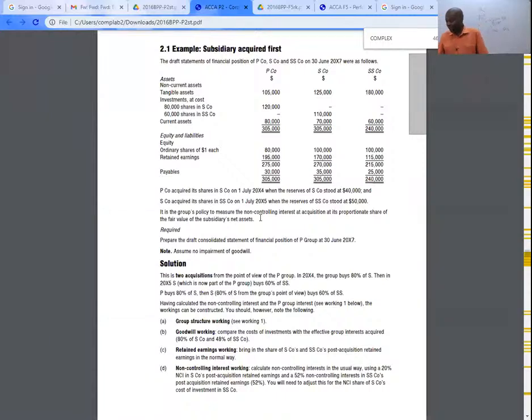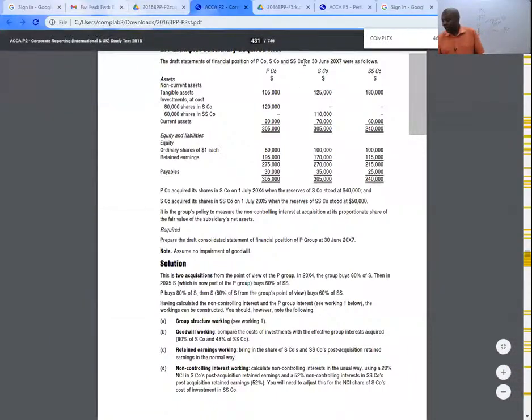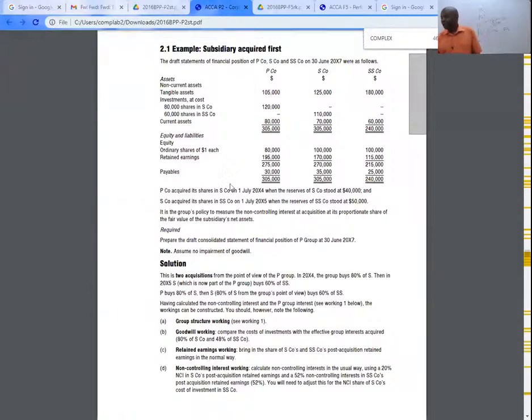We look at both cases and then we compare and see what that really means. So prepare a draft consolidated statement of financial position of P as at this date. Assume no impairment of goodwill.